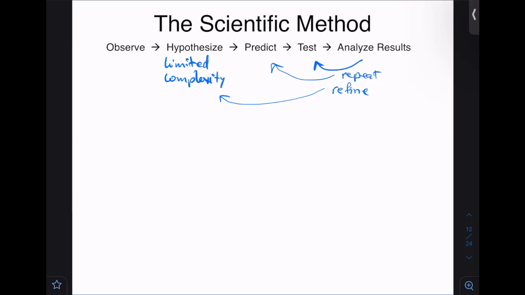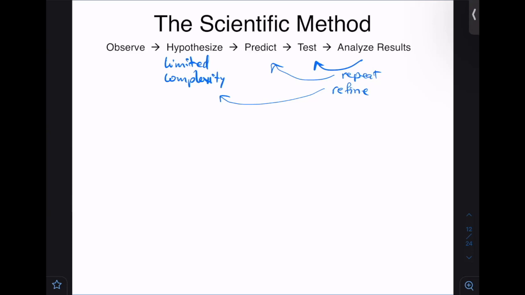So that's not really showing you the reality of science, unfortunately. So I will keep reminding you from time to time that you have to repeat your experiments. It's called research for a reason, because you're repeating what you're doing. And sometimes you're just repeating it to get an idea of what the error of your measurement is.